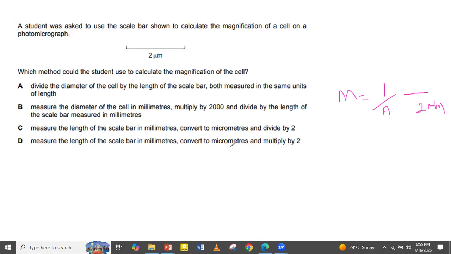That means the most appropriate answer is C. How about D? D has almost the same flow. The length of the scale bar in millimeters, convert to micrometers, yes, but they're saying multiply by 2, yet we are supposed to divide. So no, D is wrong. The most appropriate answer is C.